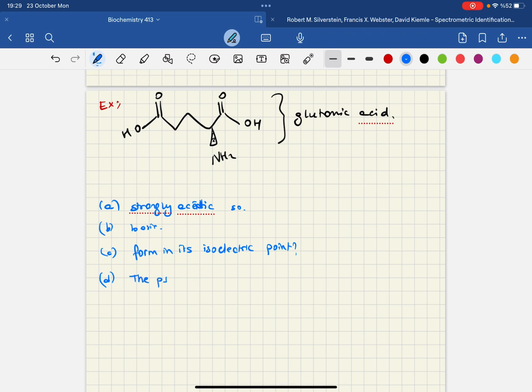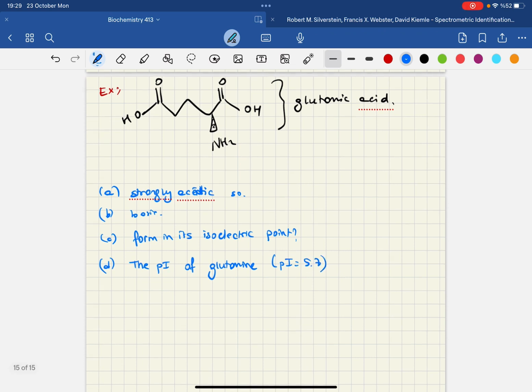The pI of glutamine, pI is 5.7, is considerably higher than that of glutamic acid. Why? These are our examples.